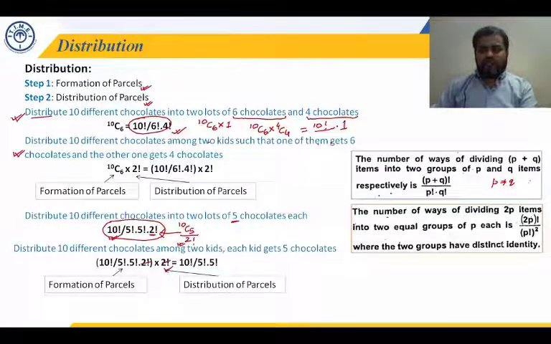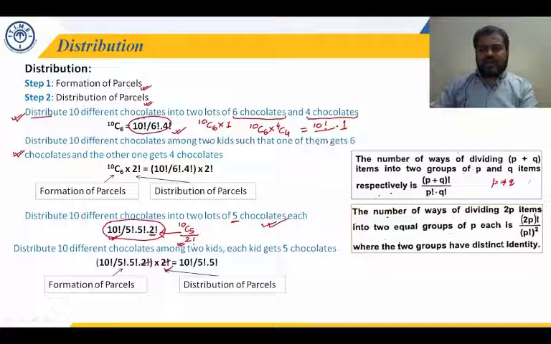Number of ways of dividing 2P items into 2 equal groups of P each. So for example, 10 chocolates to be divided into 5 chocolates and 5 chocolates, 2 lots. In that case, 2P factorial. So in this example, our P is 5.